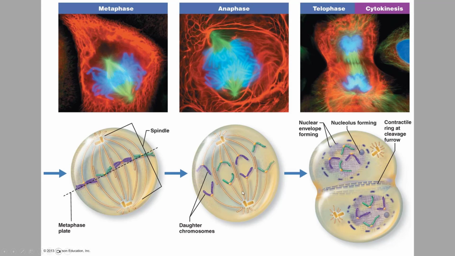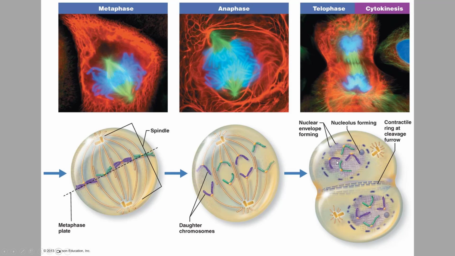Once they get to opposite ends of the cell, we're in telophase. Telo, distant. The chromosomes are at their most distant from each other. During this phase, the DNA, the chromosomes, are going to start to decondense.